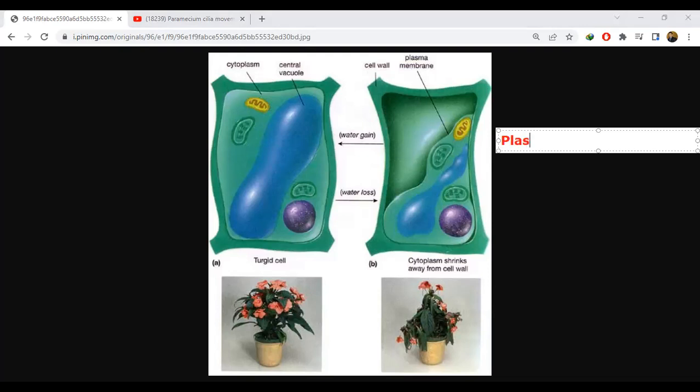Okay, what is that word? Practice that word. Plasmolized. So it is a plasmolized cell. So what has happened to the plant? It has wilted. Correct? Yes or no? Yes.